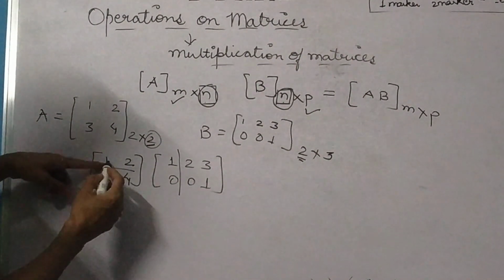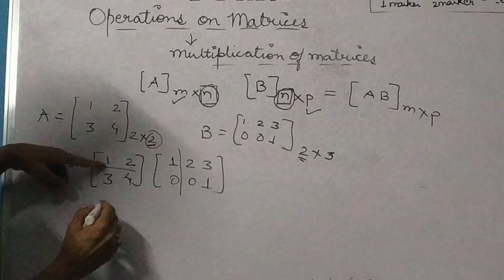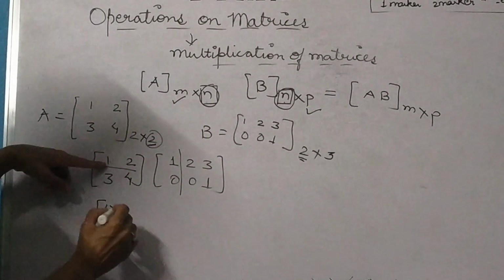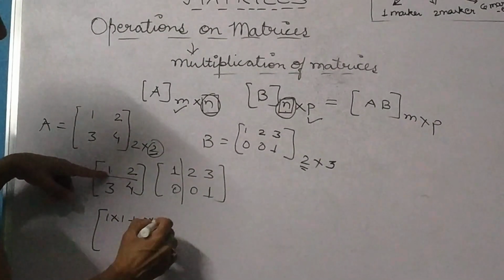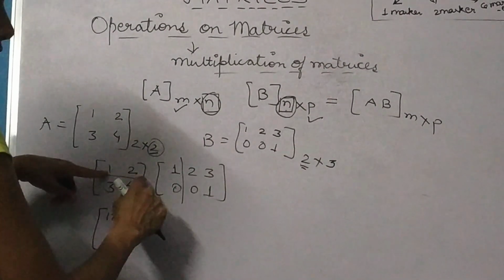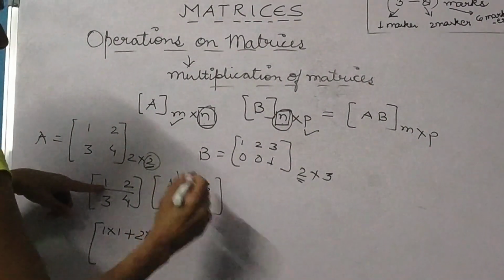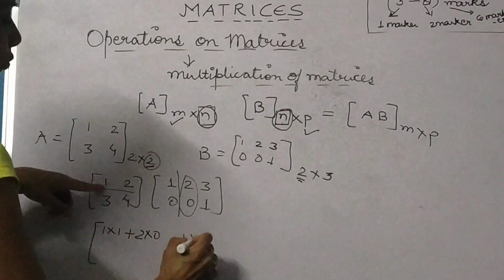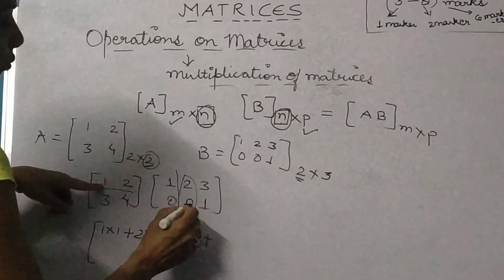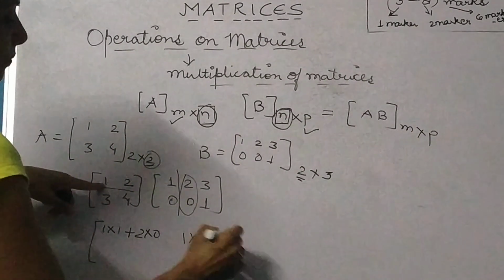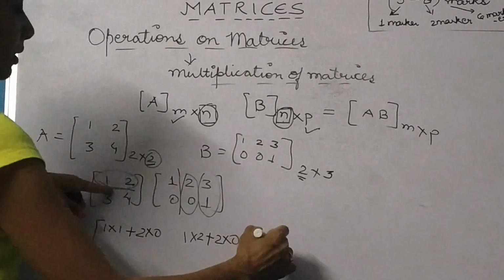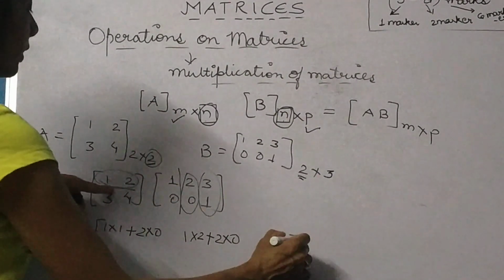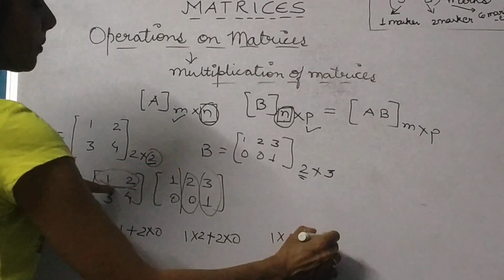That means 1 multiply 1, you will be writing it like this. 1 multiply 1 plus 2 multiply 0. Then again this row to this column. So it will be 1 into 2 plus 2 into 0. Then again this row and the third column. So this will be 1 into 3 plus 2 into 1.